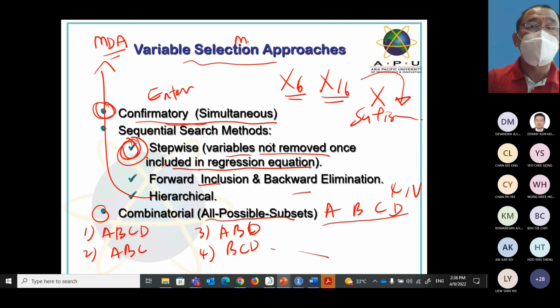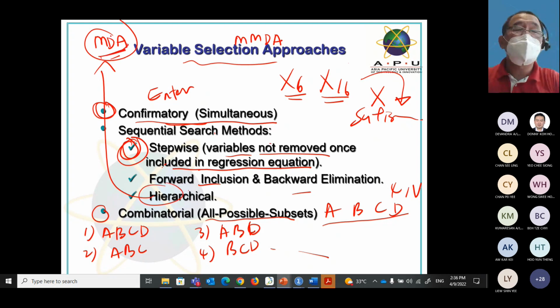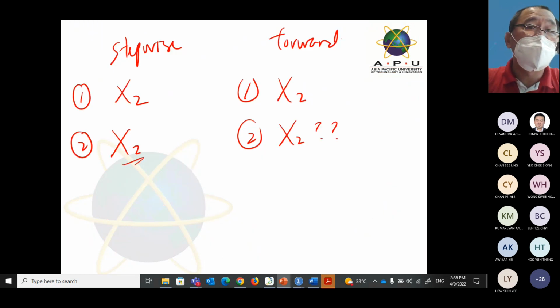MMDA is compulsory for the data science students. It is optional for others, up to you. I think AI students don't need it, but MMDA is optional for you. So, continue.